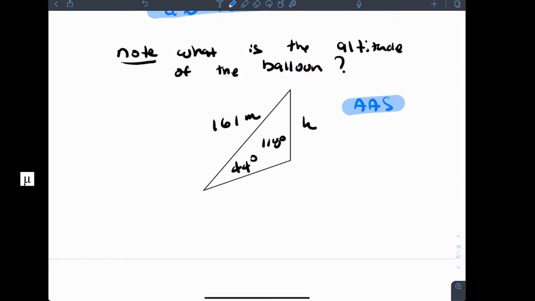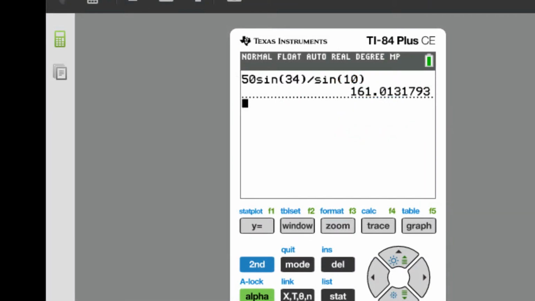This again is what? Law of sines. Do you guys know what a big tip-off is? You can get that third angle. 180 minus what? 44 minus 118. What do you guys get there? 18 degrees.